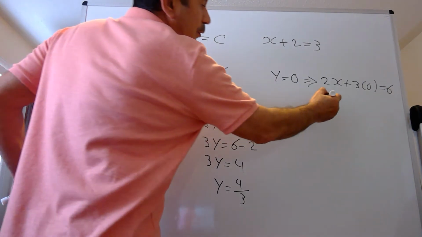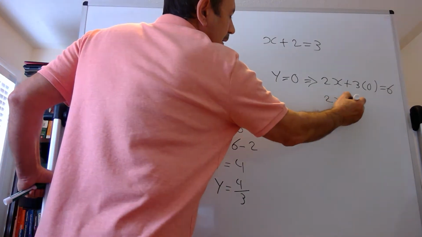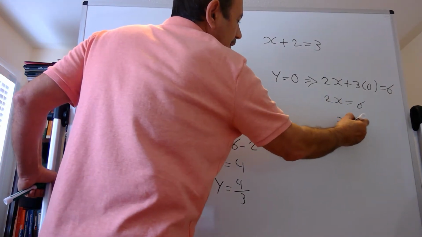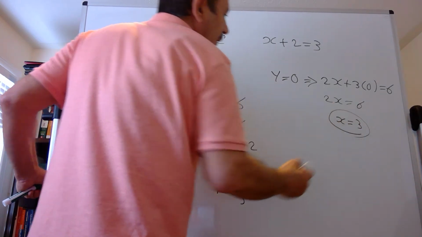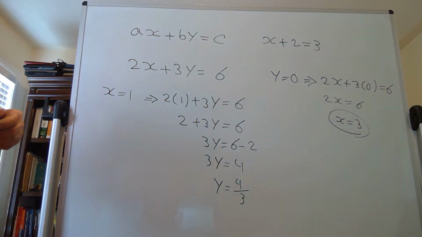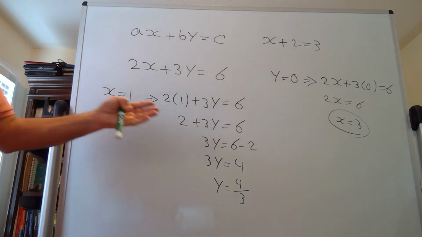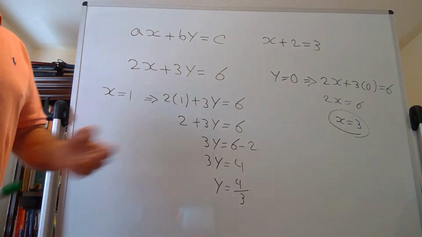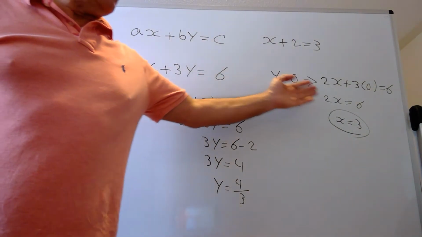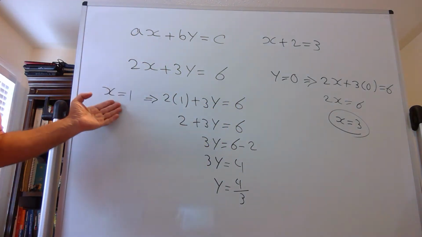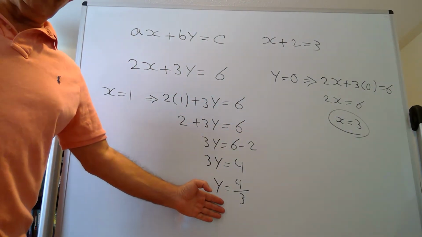Then 2x equals 6 and x is going to be 3. So as you see, if I know the value of one of the variables, I can calculate the value of the other one. If I know the value of y, I can calculate x. If I know the value of x, I can calculate y.